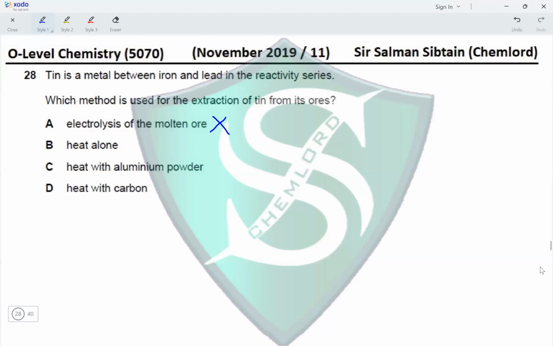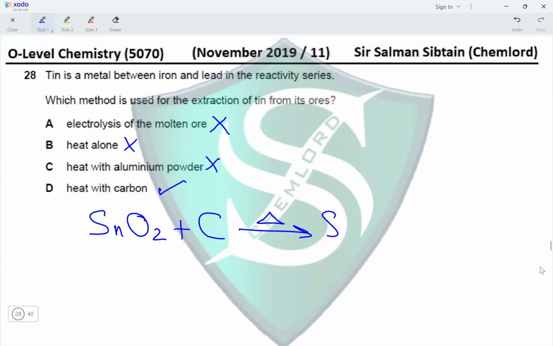It is not. Heating it alone, this will not extract it. Heating with aluminum powder, this will not extract it. Heating with carbon, yes, because the ore for tin would be SnO2, tin oxide. When you heat it with carbon, this will produce tin metal and liberate carbon dioxide gas, making option D the correct option for this question.